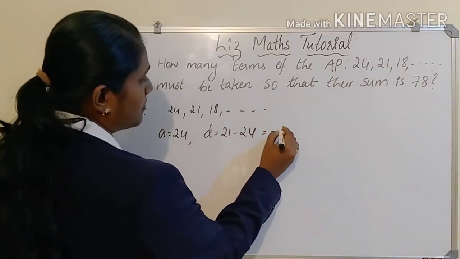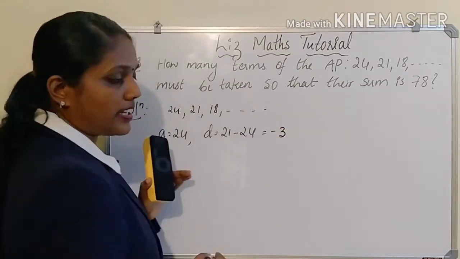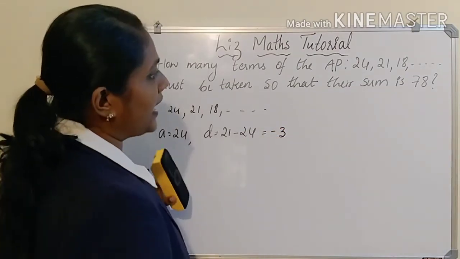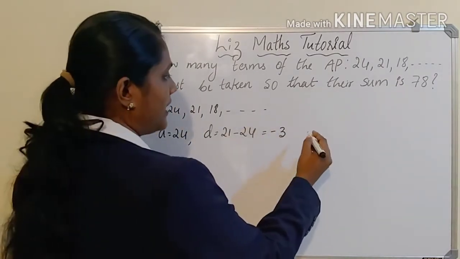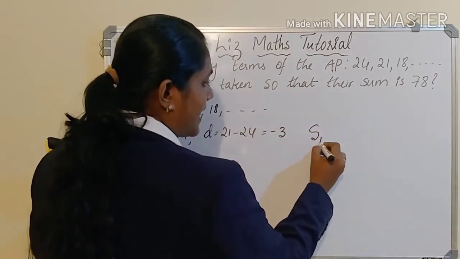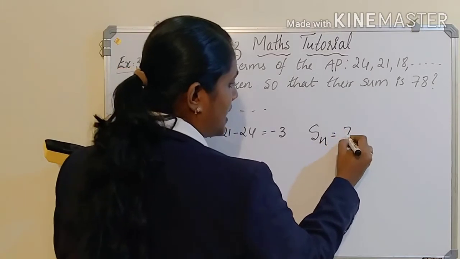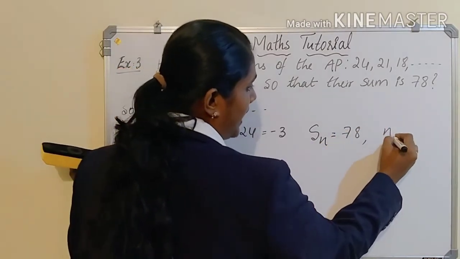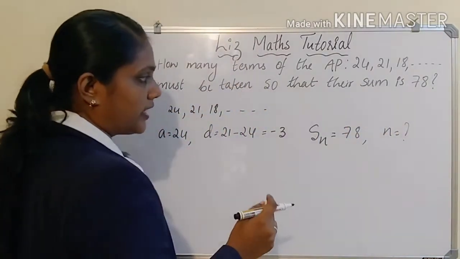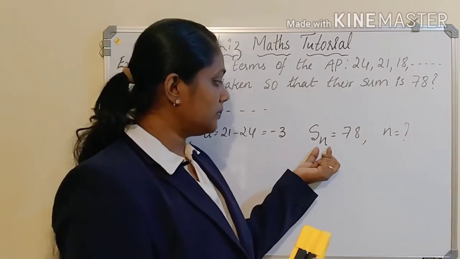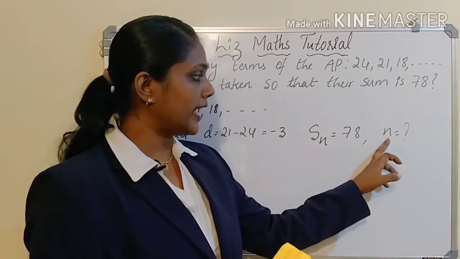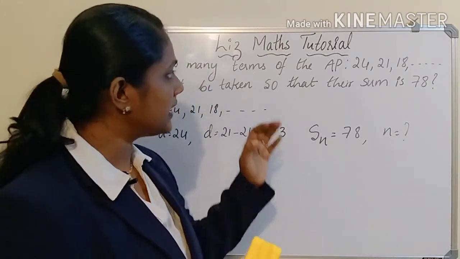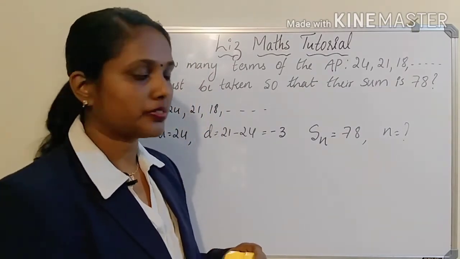So you will get minus 3 as a difference, and the sum they have given is 78. N is how much we don't know, that n we have to find out here. That is what they asked you to do.